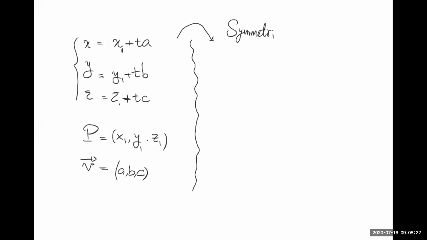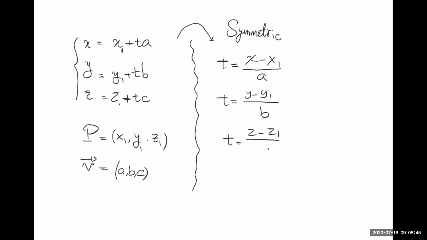What is the symmetric equation? Well, using the first equation, you can find t. t would be equal to (x minus x1) over a. From the second equation, t would be equal to (y minus y1) over b. And from the third equation, t would be (z minus z1) over c. These make sense if a, b, and c are non-zero, right?